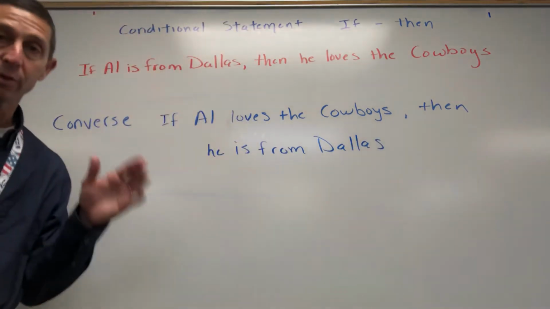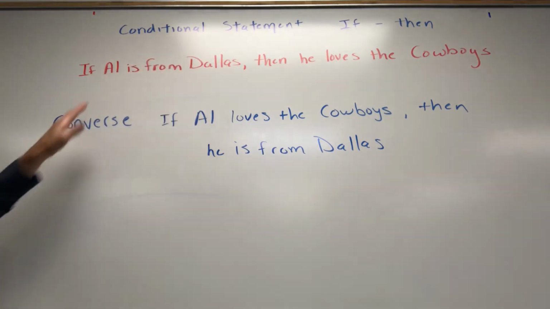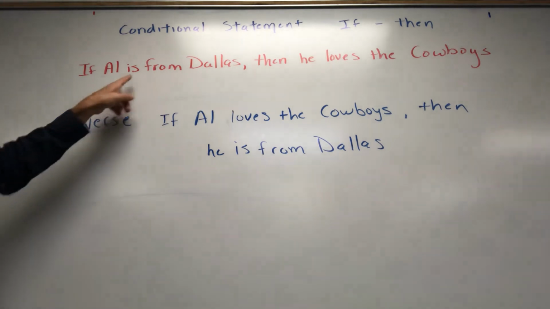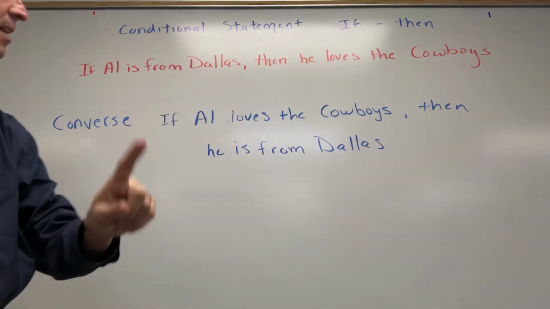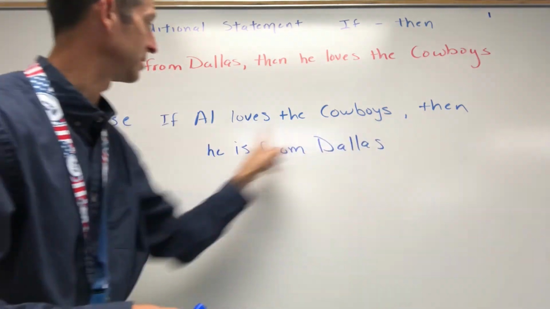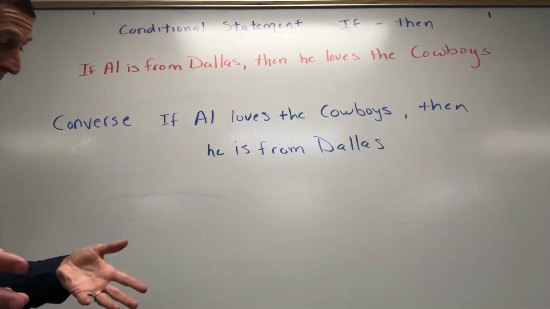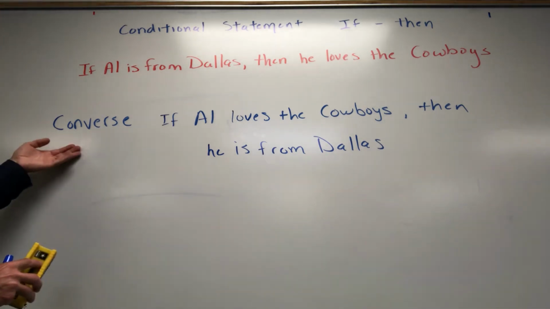So you have to get this down. A conditional statement's if-then. The converse of a conditional statement changes the order. So it was from Dallas, then loves the Cowboys, but now it's loves the Cowboys, then he is from Dallas. So converse changes the order. All right, that's the first of the 4 that you got to know, converse.